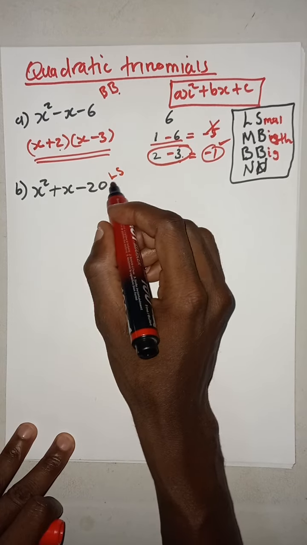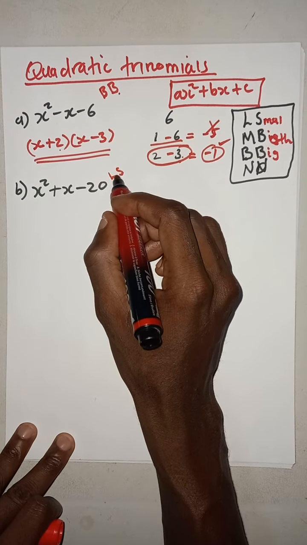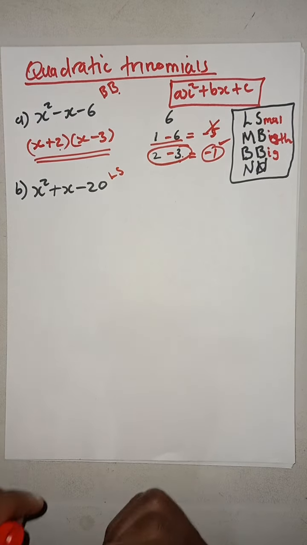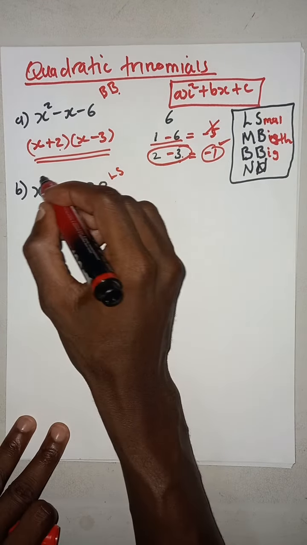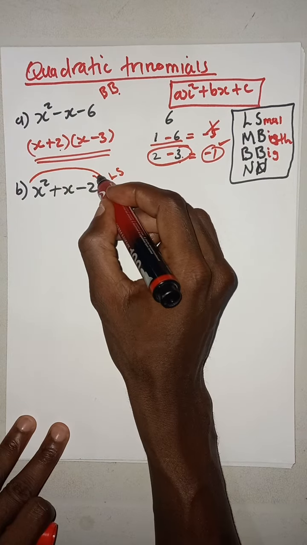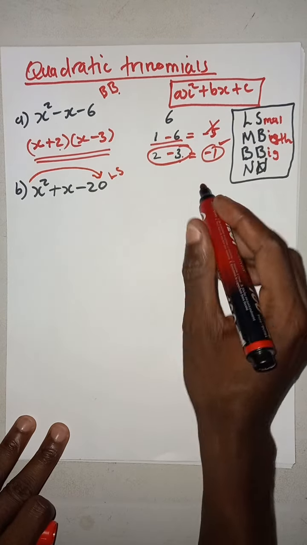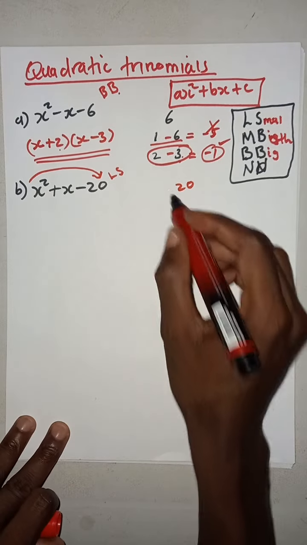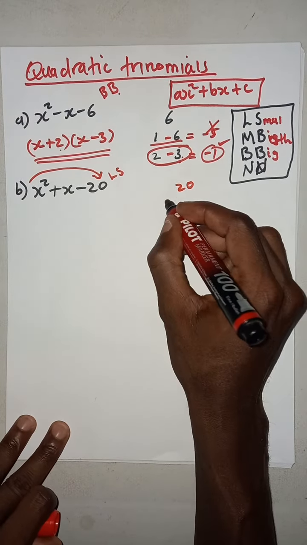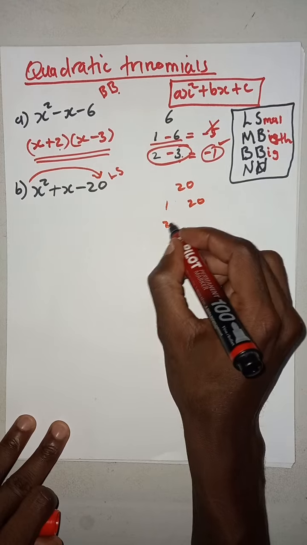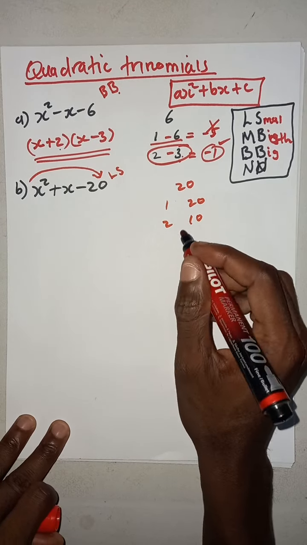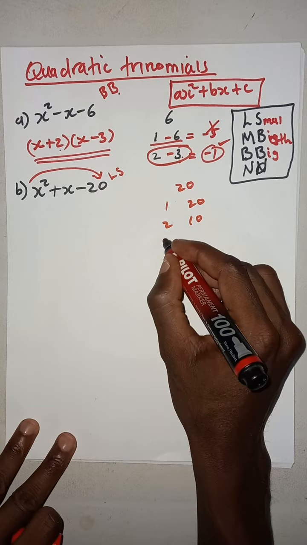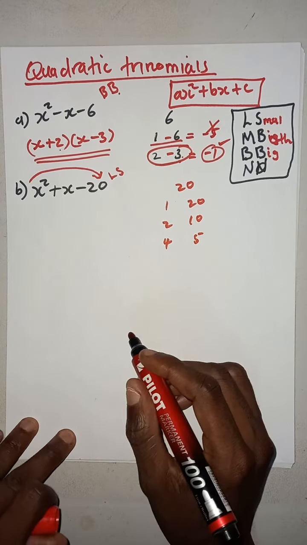So when the last one is negative, we are going to put the factor which is small to be negative. Well, we start. 1 times the last number, 1 times 20, gives us 20. Ignore the sign. Next, two numbers that I can multiply to give me 20: 1 times 20, 2 times 10, and then what else? That's 4 times 5.